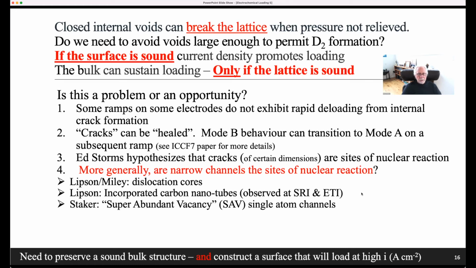We observed this effect at SRI and at Energetics Technologies Incorporated. Such structures do exhibit excess power. And Mike Staker's superabundant vacancies, which I'm very interested in, are single-atom channels. So I think it's distinctly possible that linear channels can promote the excess heat effect. You need to preserve a sound bulk structure and construct a surface that will load at high current densities.